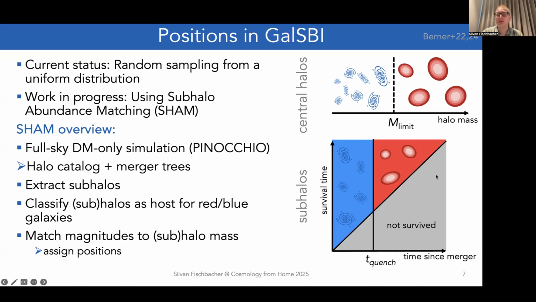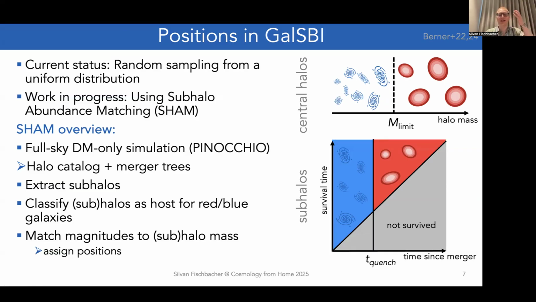And the model for this depends on two parameters, the mass limit for the central halos and the quenching time for the subhalos. So basically the very massive central halos are red and the less massive halos are blue. And for the subhalos, when they merge into the main halo, they're blue, and then after a certain quenching time, they quench and turn into red galaxies.